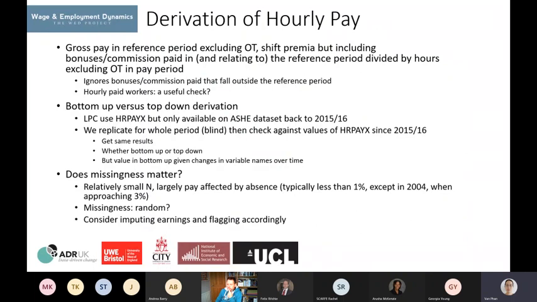And then we derive it in two ways. The first is top down, whereby we subtract the overtime and shift premium payment from the gross pay. The second method is bottom up, whereby we add together all the relevant components. And we are glad that all approaches lead to the same result. How the missingness matters, we will come back to later.